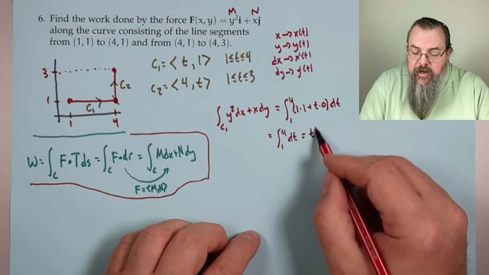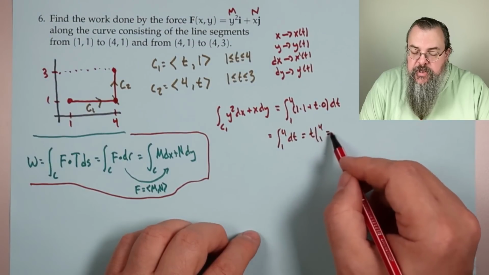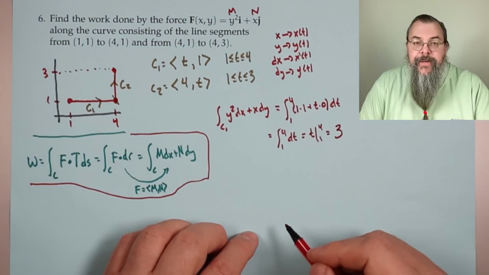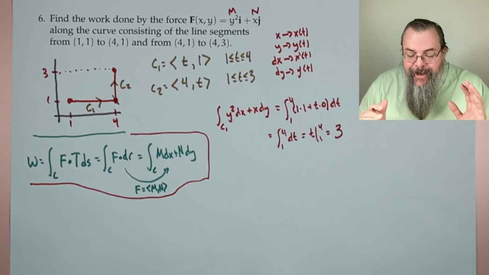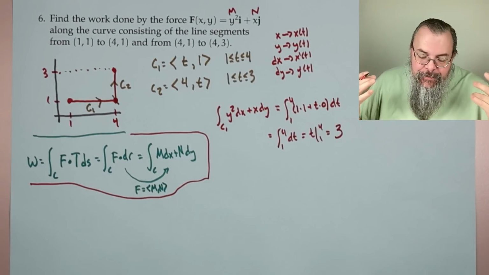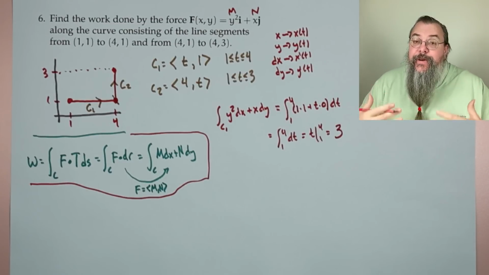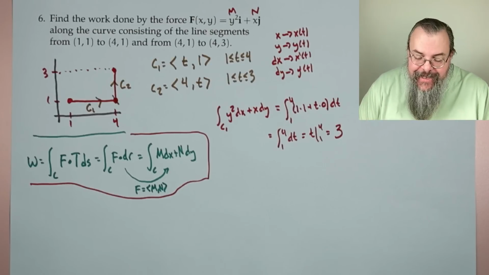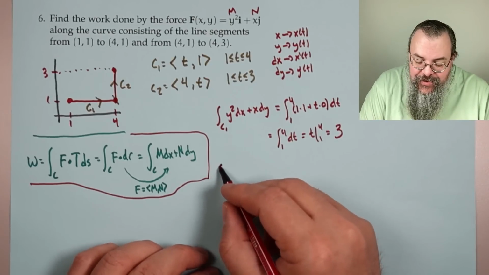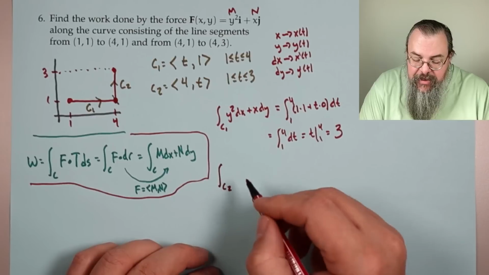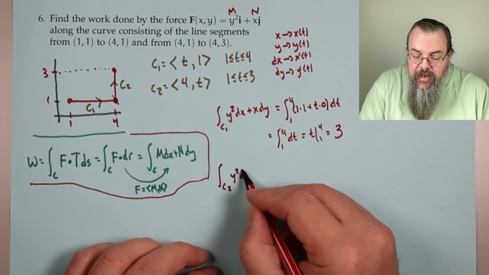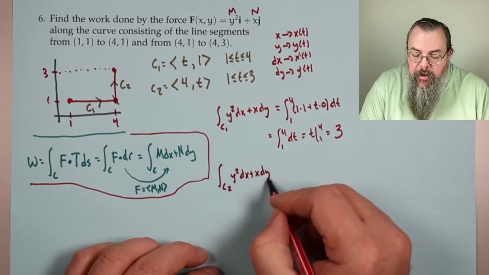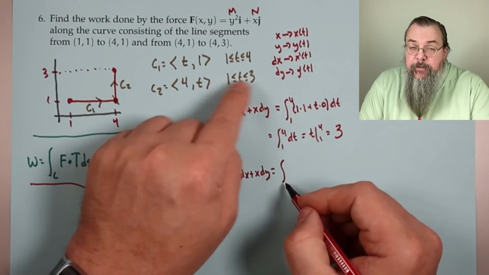Well, that's t evaluated from 1 to 4, which is 3. Whew, okay, that was not a bad integral. And why? Well, because we're dealing with very simple expressions. We like that. All right, now let's do curve 2. And, okay, so again, y squared dx plus x dy. We're going 1 to 3.